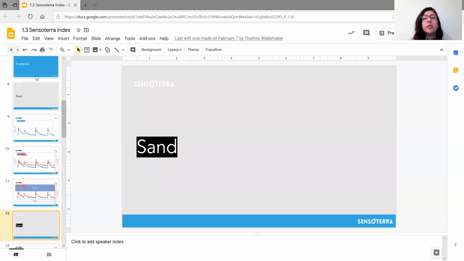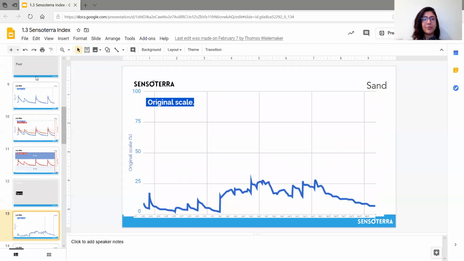Now for sandy soils. When looking at this graph, you already see that sandy soils have a different behavior than peat soils. You see lower soil moisture percent values.